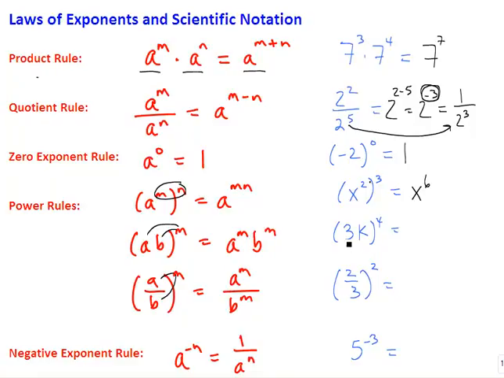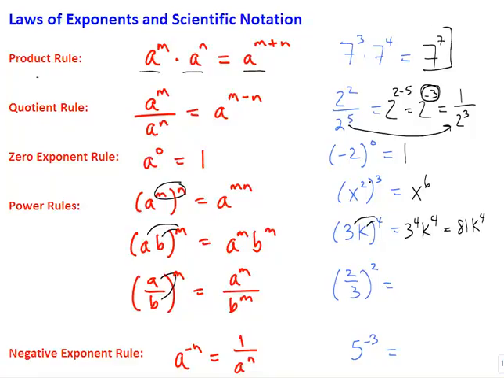So for example, if I have 3k quantity to the fourth, I'm going to distribute that fourth power. This becomes 3 to the fourth and k to the fourth. And 3 to the fourth is small enough that you could probably do that in your head. 3 to the fourth is 3 times 3 times 3 times 3, which makes this 81 k to the fourth.